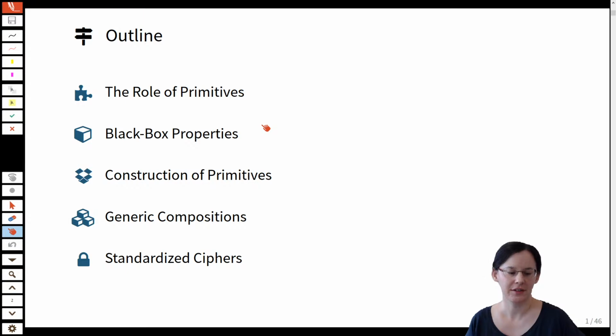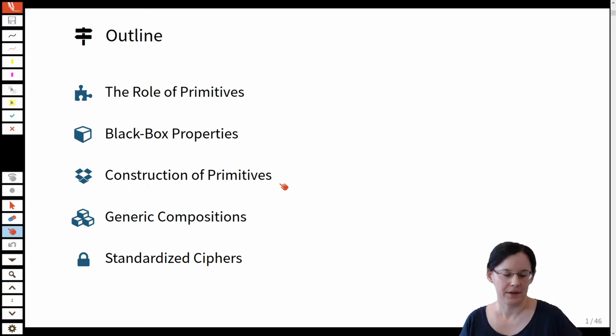And after these black box properties, we want to have a look inside the cryptographic schemes. So we want to see how they are constructed, what different strategies there are. So we will briefly revisit one primitive that you may already know from information security, namely the AES, but we will also have a look at a few other ones.